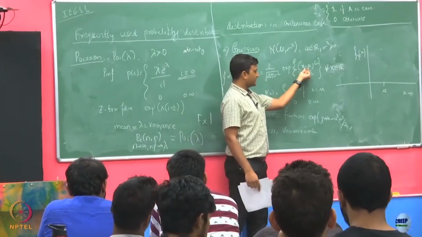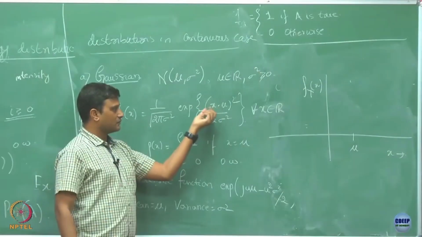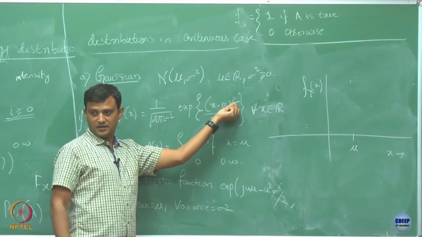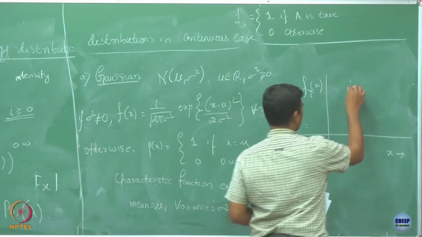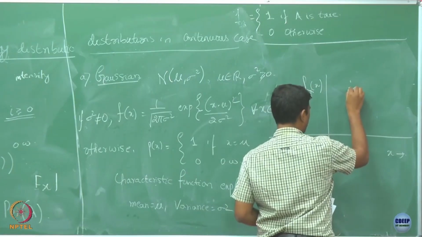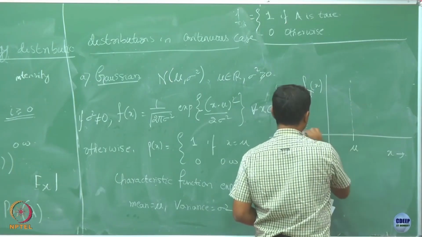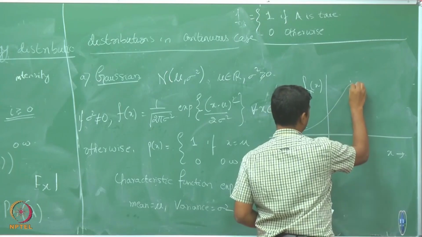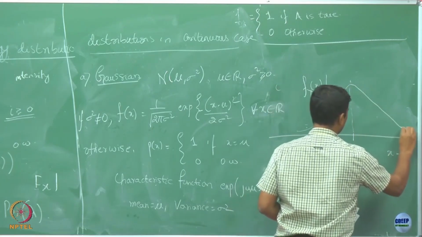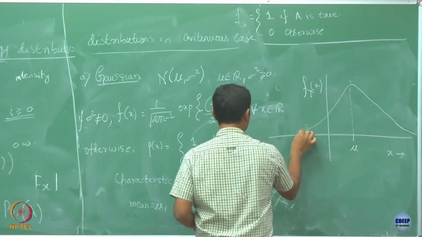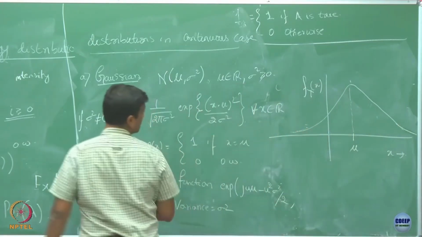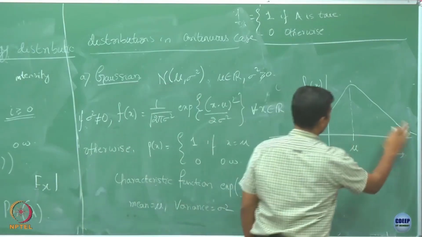Just by looking at this, you can see that because this is a square term here, it will be symmetric about mu.